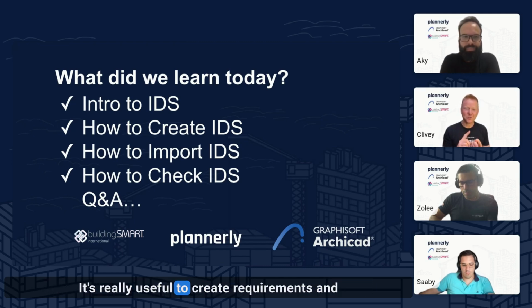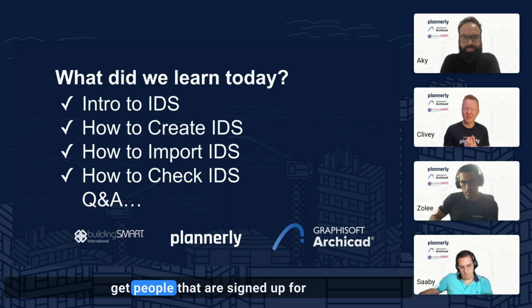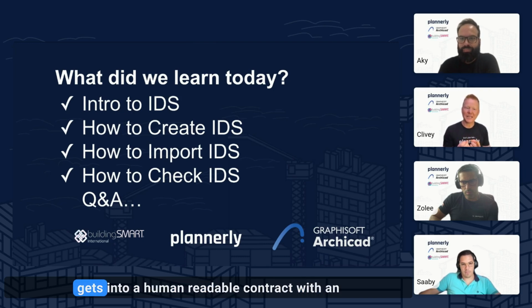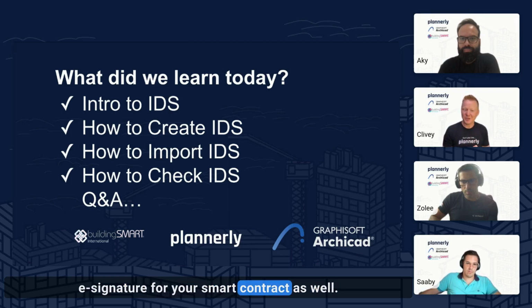It's really useful to create requirements and get people signed up to those requirements in a contract. We can show you inside of Plannerly in another demo how that gets into a human readable contract with an e-signature for your smart contract as well.